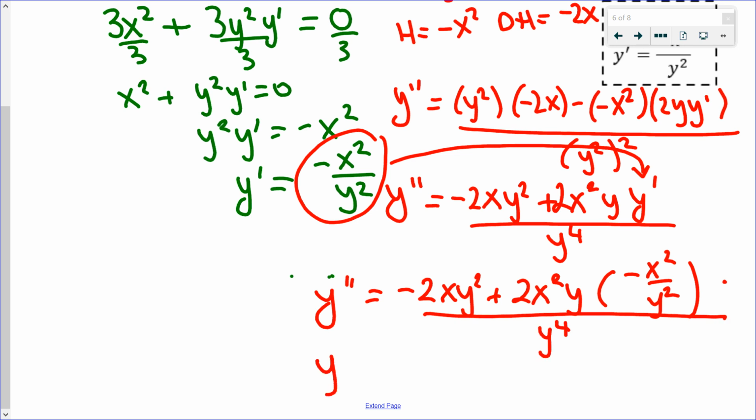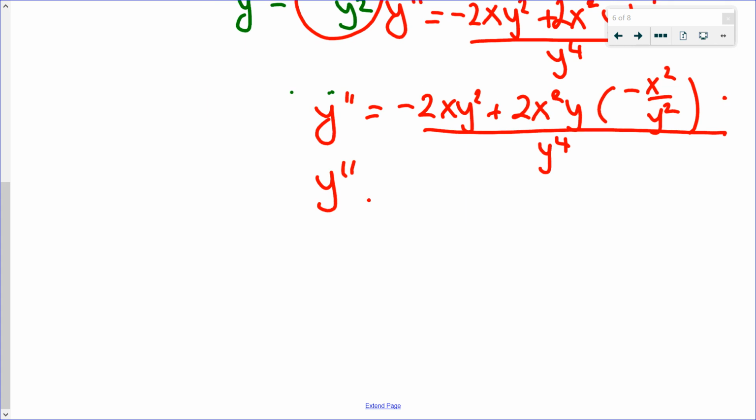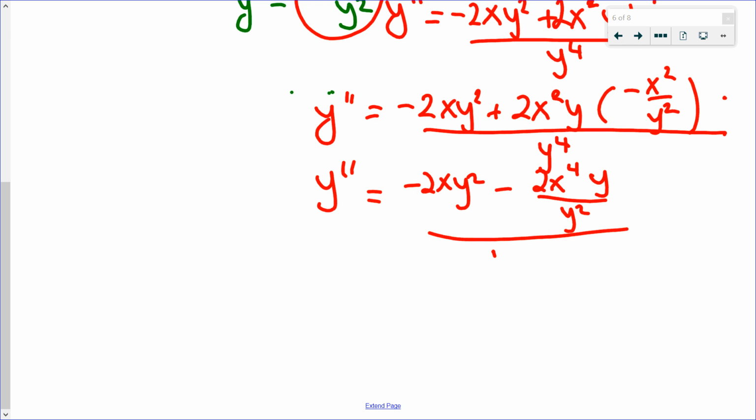Okay, so let's simplify the top a little bit more. I have negative 2xy squared, and then a positive and a negative is a negative, so I'm going to have 2x exponent 4, 2 plus 2 is 4, y over y squared, all over y exponent 4. Simplifying my fraction, I have a y divided by a y squared, which is just a y on the bottom.